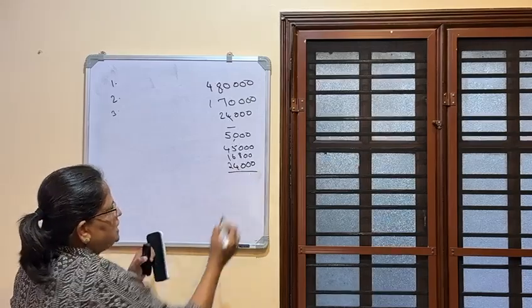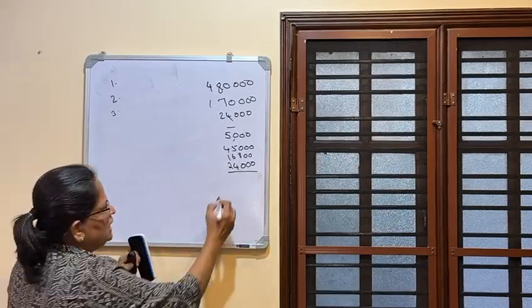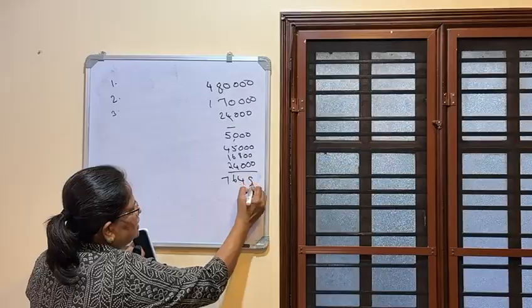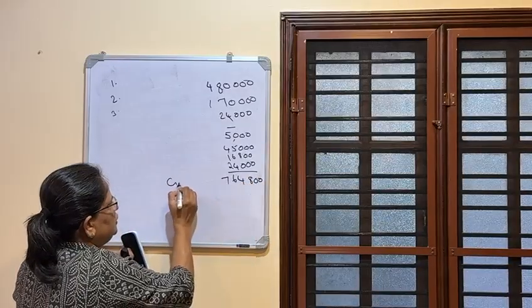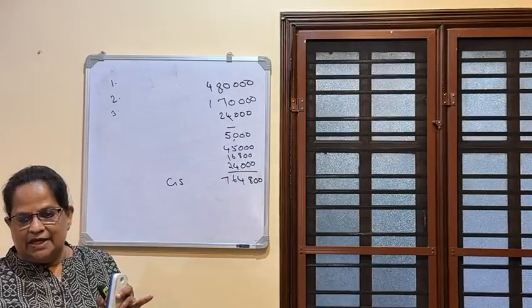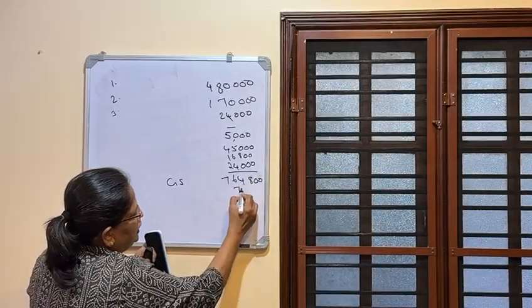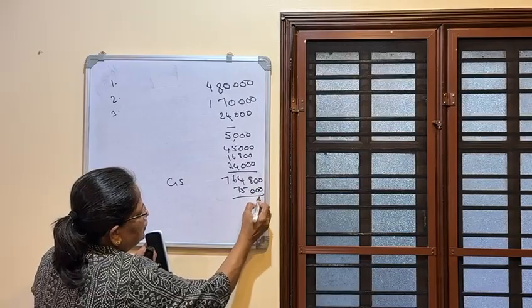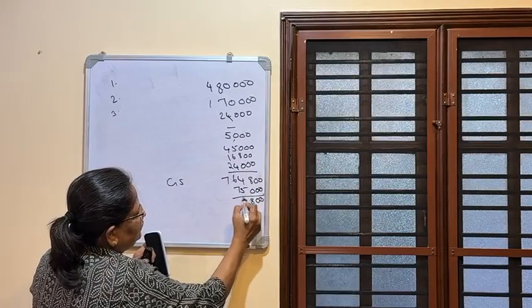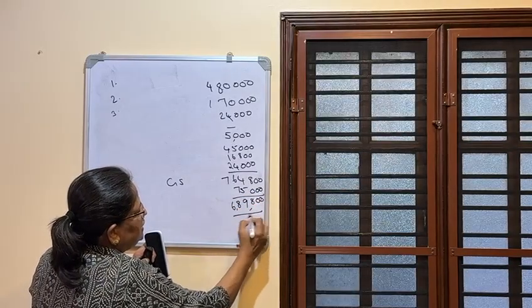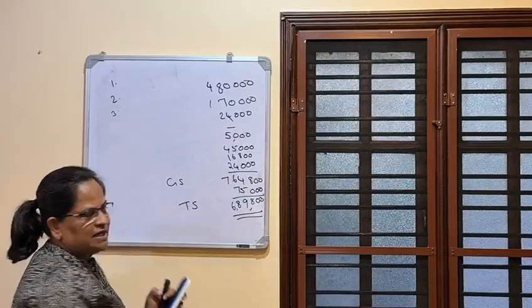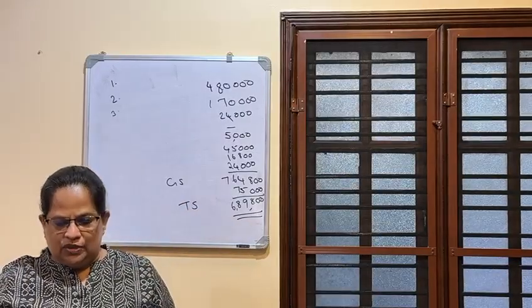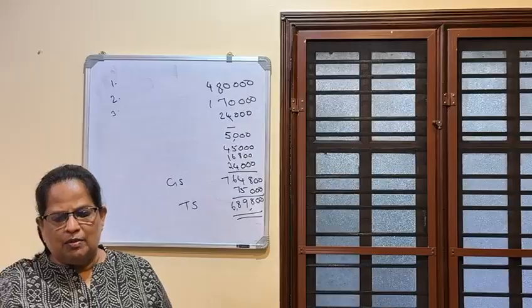So the total gross salary when you take is 7,64,800. Less standard deduction. It's a new scheme, so we have to reduce 75,000. So the value is 6,89,800. This is the taxable salary. So this is the first problem. Next problem.